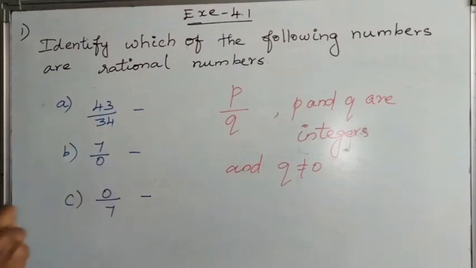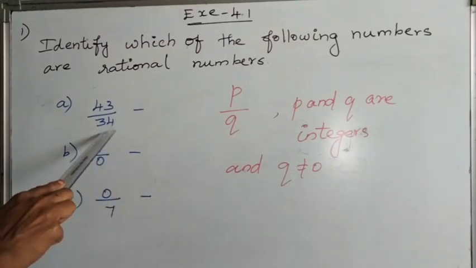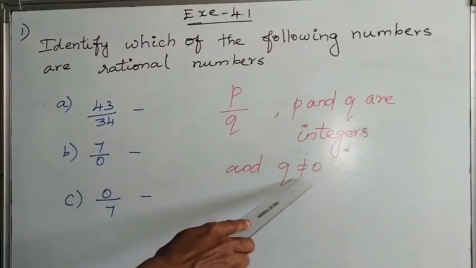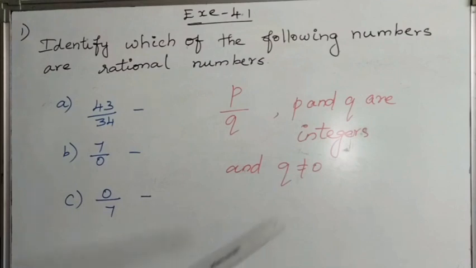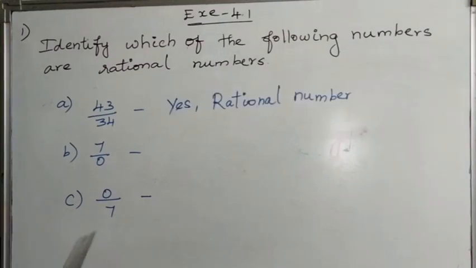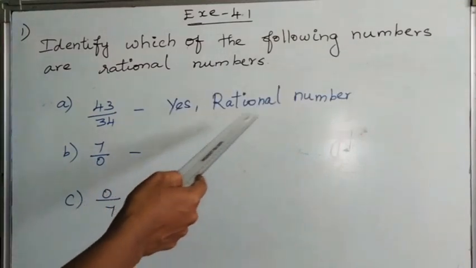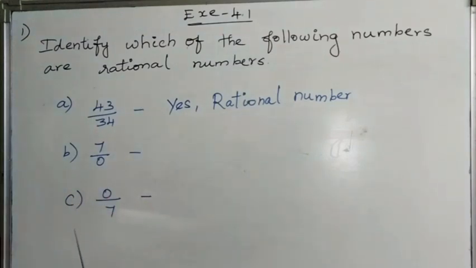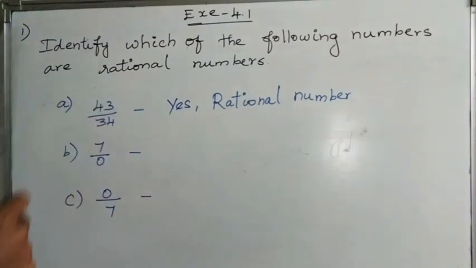The denominator is not equal to 0, so it is a rational number. The denominator value should definitely not be equal to 0. Only if it is not 0 is it called a rational number. See the answer: yes, it is a rational number, and also a positive rational number.